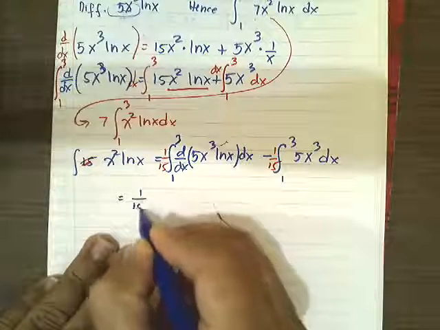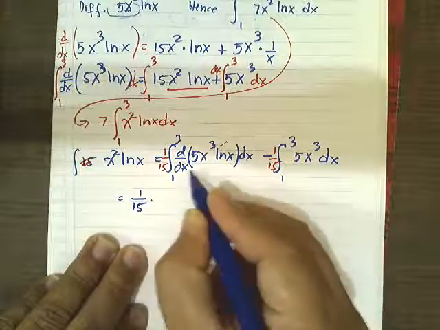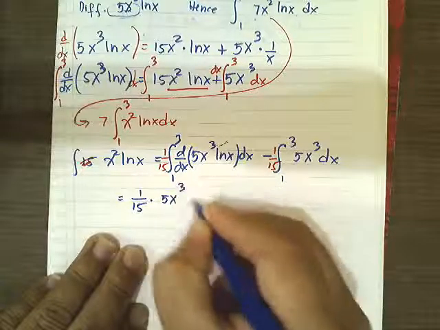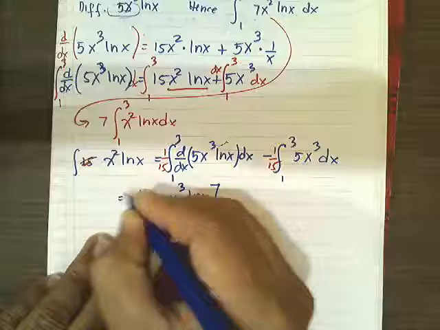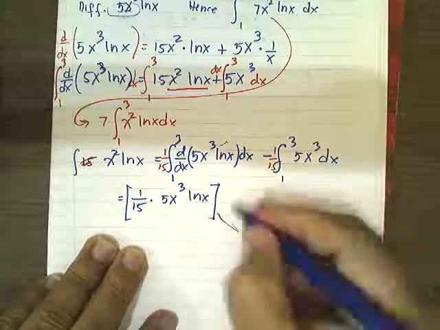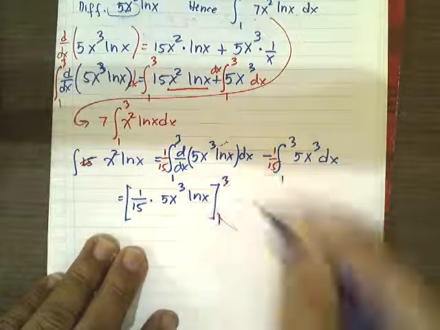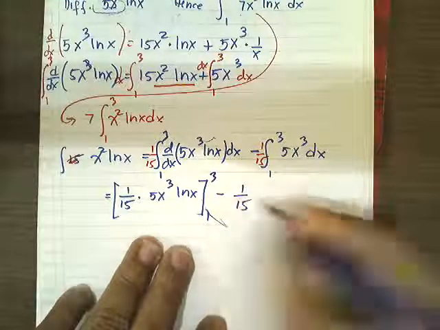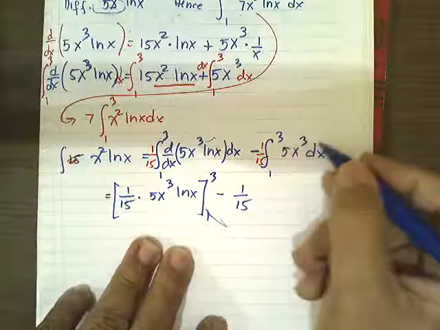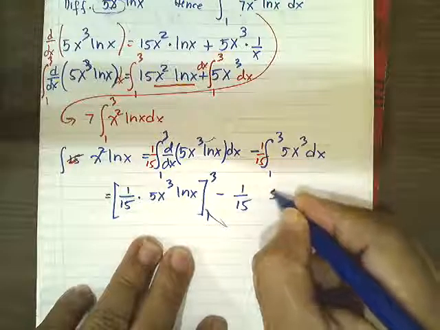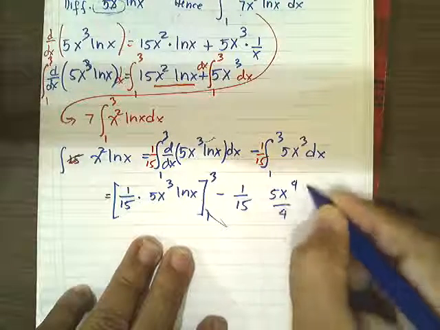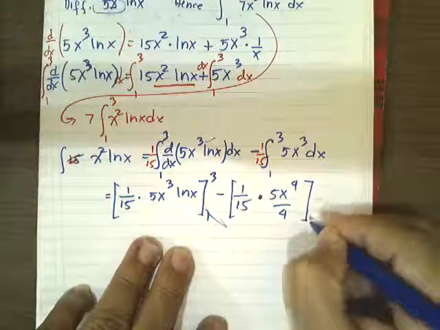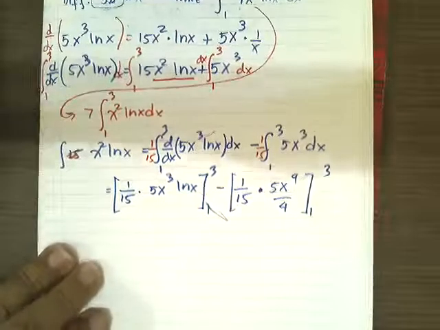So there's 1 over 15 times 5x cubed ln x, and you plug in from 1 to 3, minus 1 over 15 times the integral of 5x cubed, which is 5x to the 4 over 4, plugged in from 1 to 3.